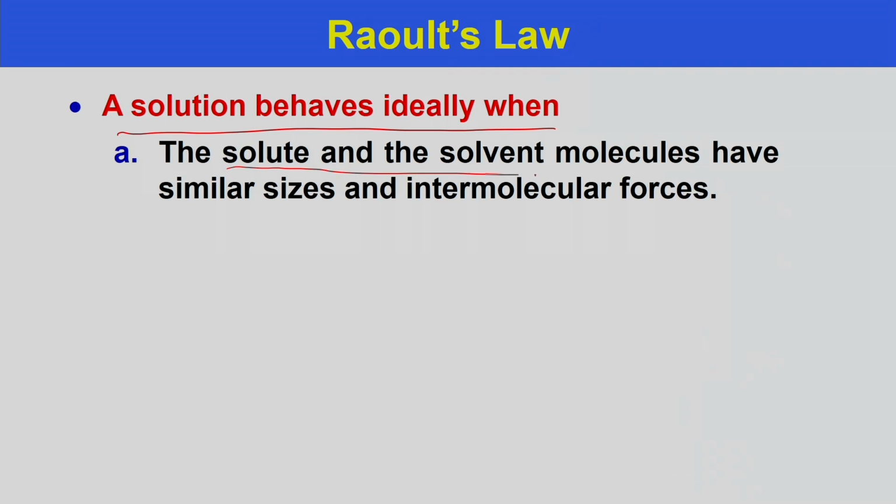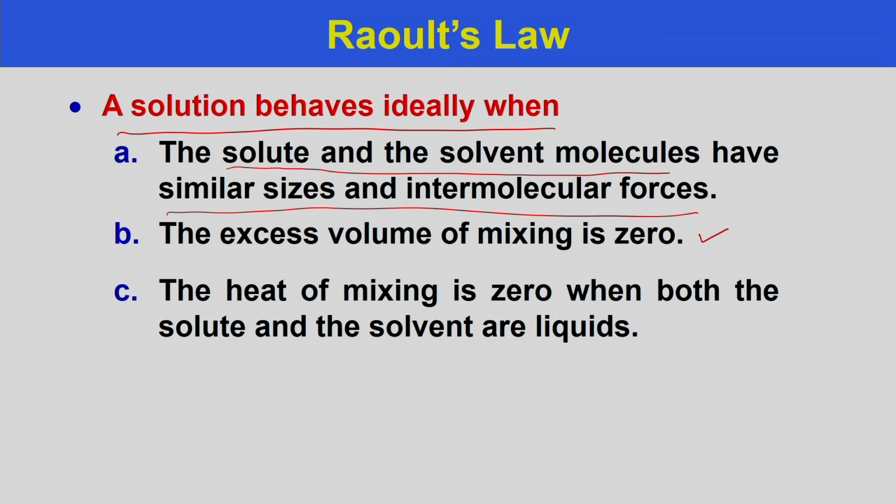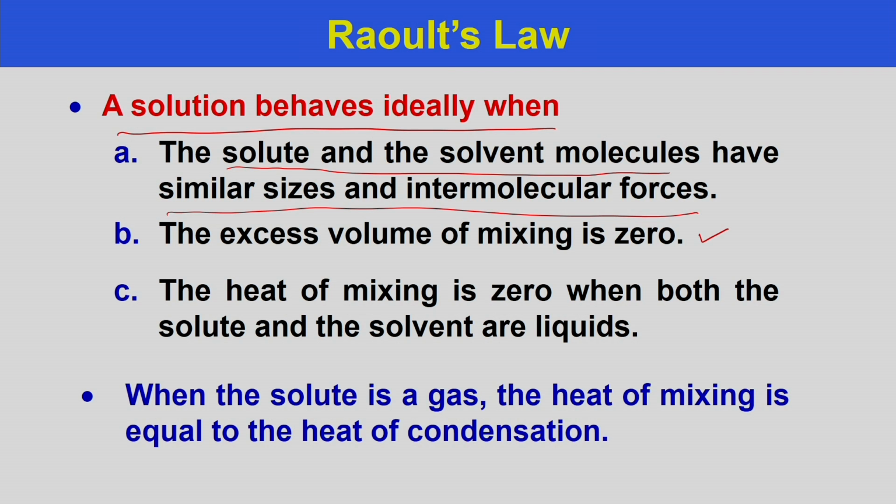The excess volume of mixing is 0, and the heat of mixing is 0 when both the solute and the solvent are liquids. So if we mix solute and solvent in liquid form, the heat of mixing should be 0. When the solute is a gas, the heat of mixing is equal to the heat of condensation.